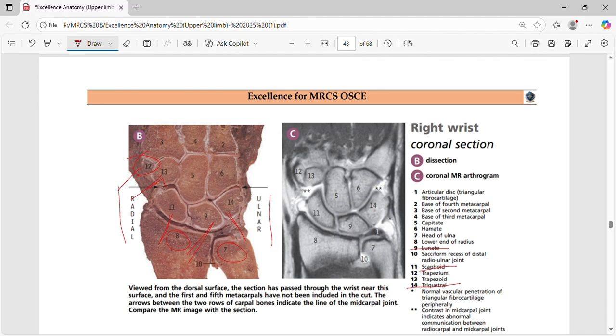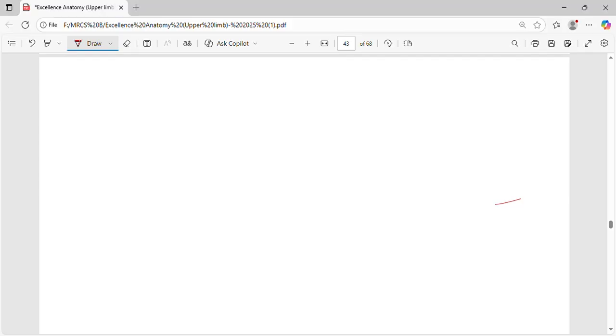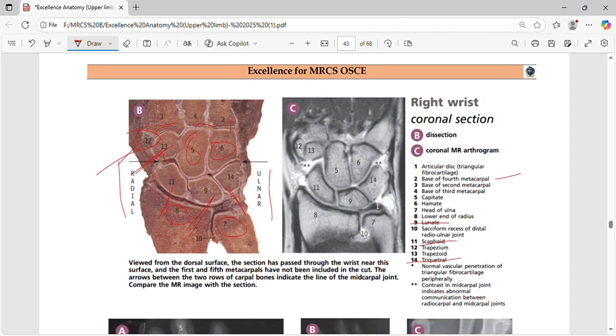Here on number 6 this is the distal groove. Here we have the trapezium, trapezoid, capitate, and hamate, and these are the bases of the third, fourth, and second metacarpals. So these are the bases of the metacarpals.